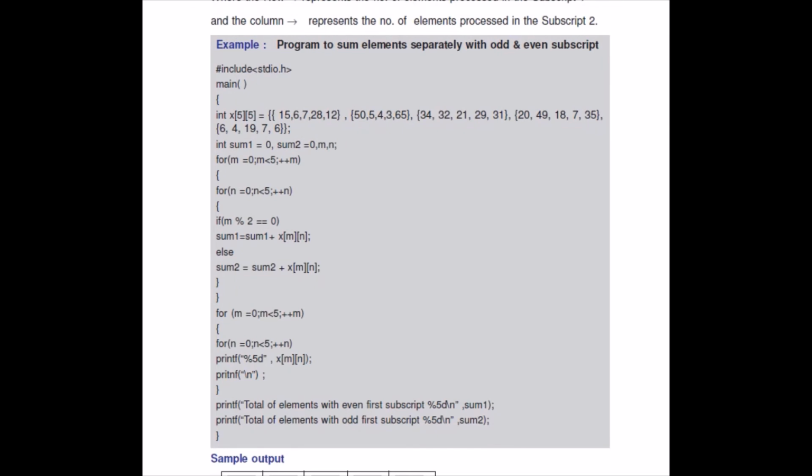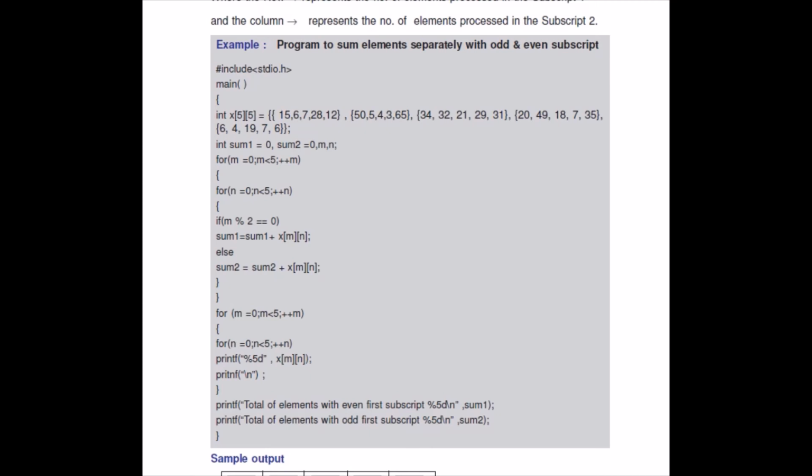We start by including a header file. We start with the main function. Then we are inputting an integer data type of two-dimensional array x 5 by 5. Now the first 5 is the row and the next 5 is the column. Inputting 5 values each.